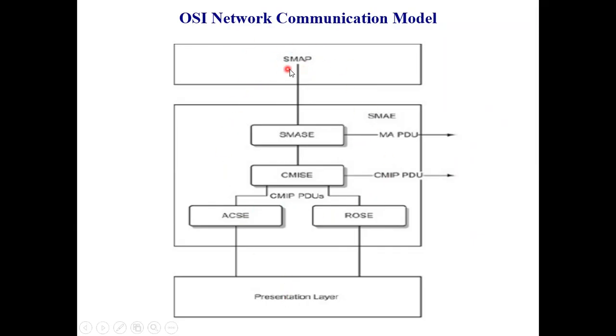You have SMAP, please draw it, then SMASE, SMAE, CMISE. Those 7 services we have studied, so you know what those are; that is just in the form of a block, CMISE. Then you have CMIP PDUs, ACSE, ROSE, PDU, CMIP PDU.